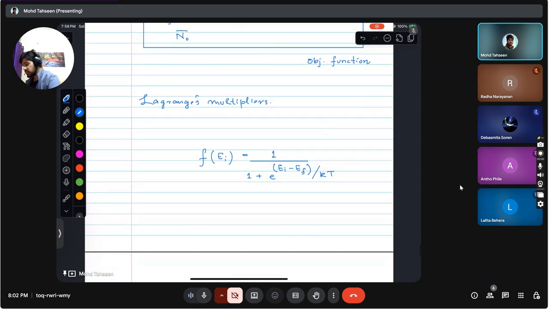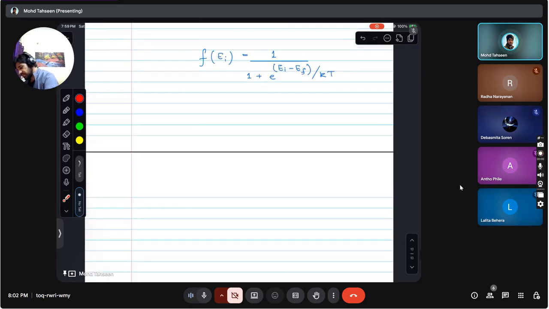This is the probability of occupancy of the energy state Ei. It depends on temperature, and it will also depend on the particular energy level that we are talking about.